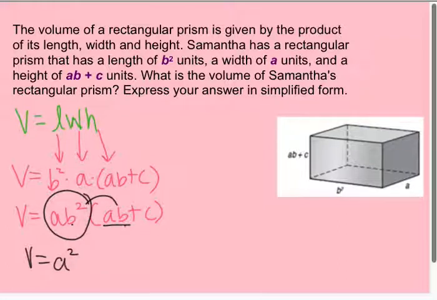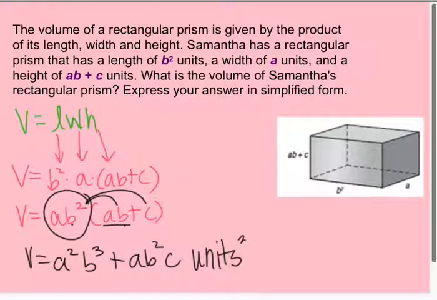B squared times b would give me b to the third. Plus, and I'm going to distribute it to here, I would still have a b squared times c. And that would be my volume, in simplified form because I cannot combine any of those. The only thing I should do is label, and it would be units, and volume is cubed.